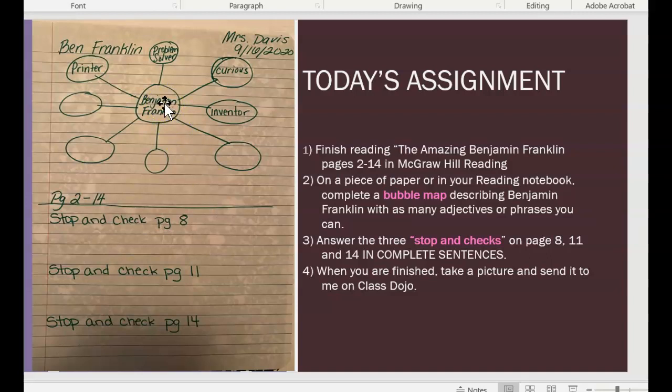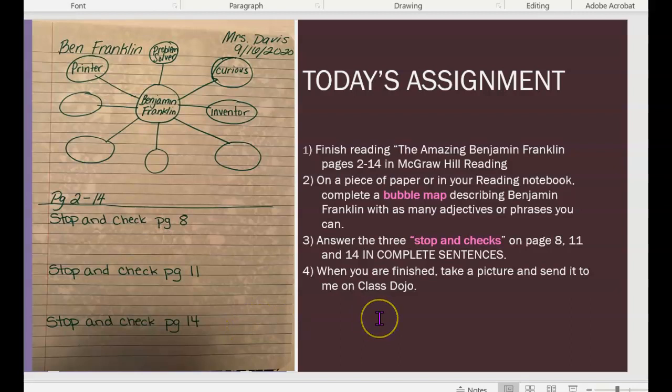Okay, so we are all on the same page, you are going to finish reading The Amazing Benjamin Franklin pages 2 through 14 in the McGraw-Hill reading. On a piece of paper or in your reading notebook, you are going to complete a bubble map describing Benjamin Franklin with as many adjectives or phrases as you can. You are also going to answer the 3 stop and checks on page 8, page 11, and page 14 in complete sentences.